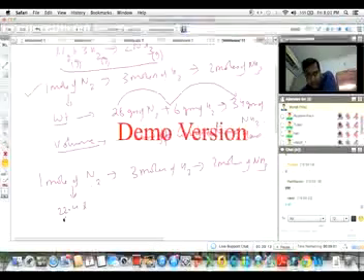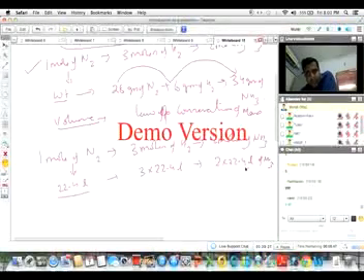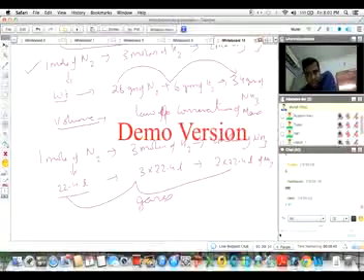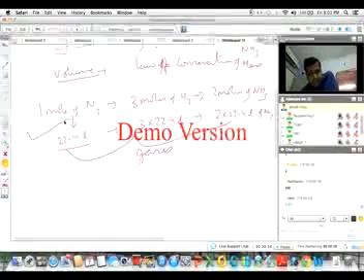So 1 mole of N2 occupies 22.4 liters. So 3 moles of H2 will occupy 3 into 22.4 liters. And that will give me 2 into 22.4 liters of NH3. This I can do only with gases. Are we able to understand this statement?